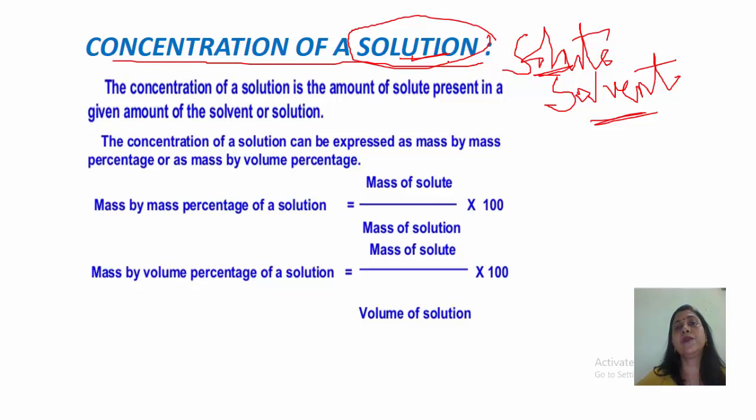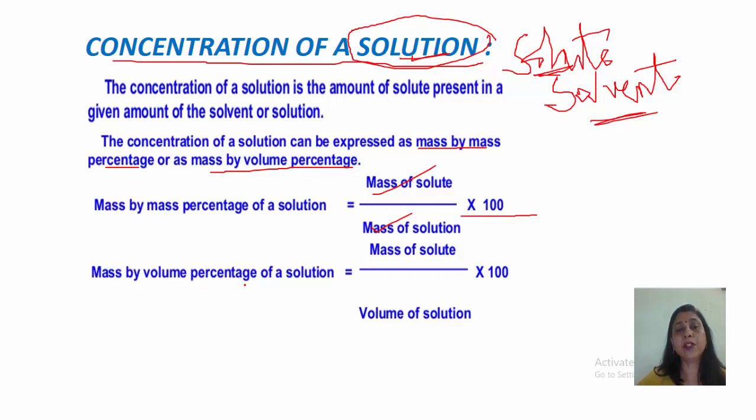This concentration of a solution is expressed in two ways: mass by mass percentage or mass by volume percentage. Mass by mass percentage of a solution is calculated by mass of solute upon mass of solution into 100, because for calculating percentage, we multiply the amount by 100.